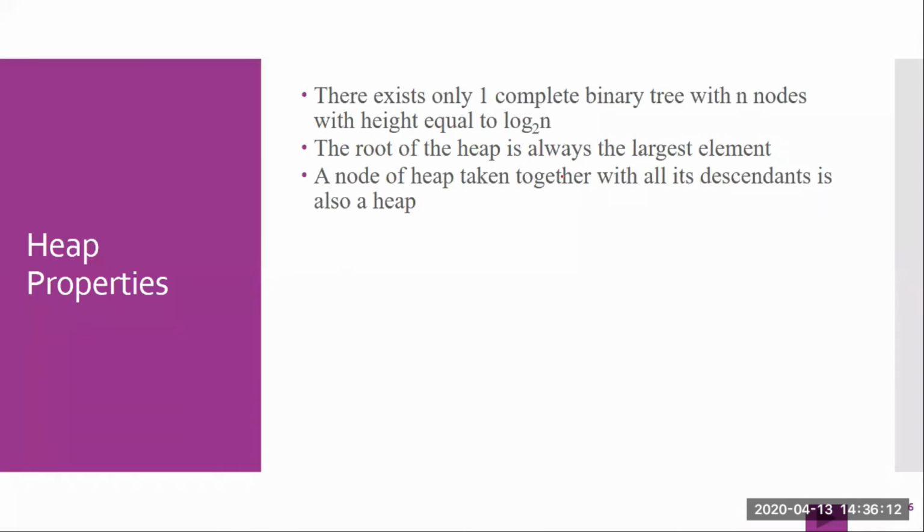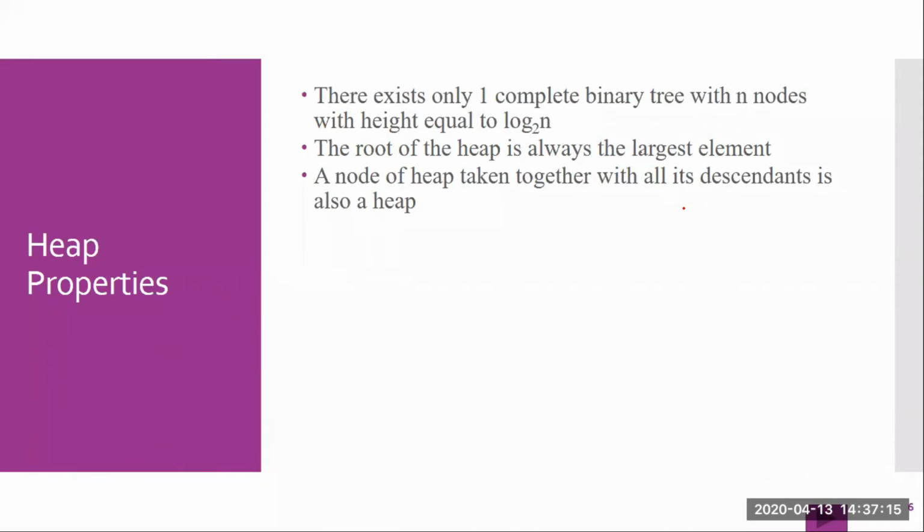If you remove the root node, you have the left subtree and the right subtree. Again, in the left subtree, the root node has to be the greatest element, correct?